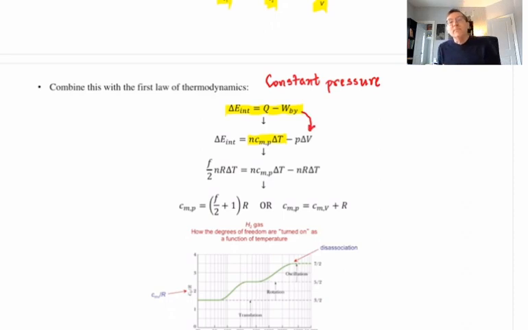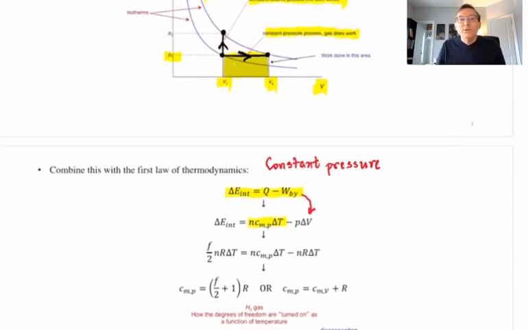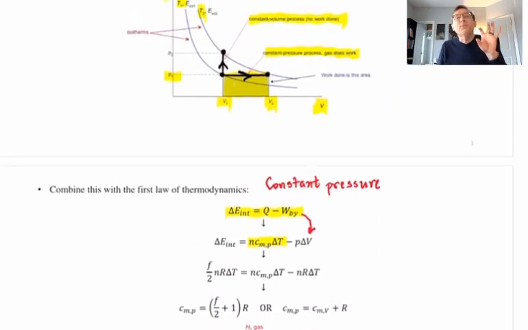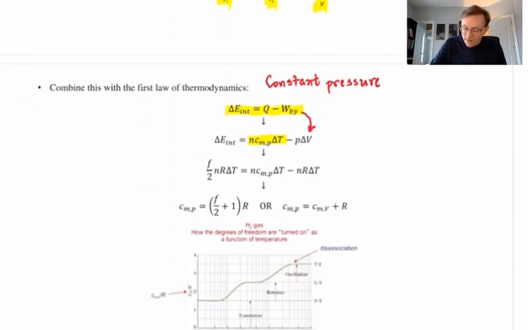W by is positive, the gas expanded, and it was the area of that rectangle up there, which is just the height, I'm just going to use the symbol P for pressure, and the width I'm just going to call delta V, change in volume. I don't want to call it P1, I just want to call it P. And delta V, that's that shaded area there. So for the work, it's just the area of that rectangle, P delta V.